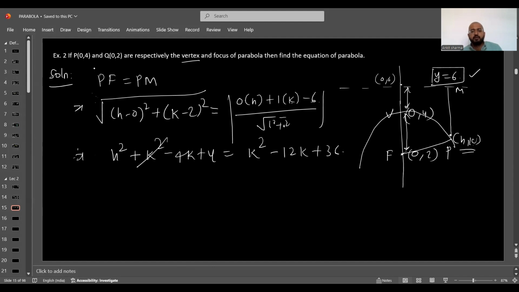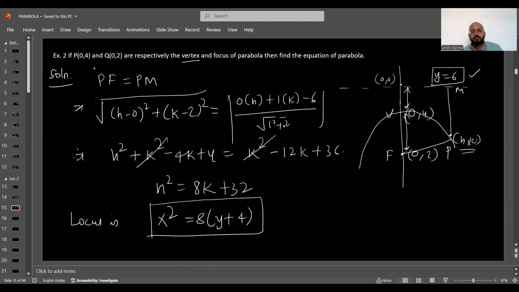Here the k square vanishes and I'll have h square equal to 12 minus 4, which is 8k, and then 36 minus 4, which is plus 32. So you can be sure the locus is the required parabola, or say the locus is x square equals 8 times (y plus 4). So this is my required parabola.